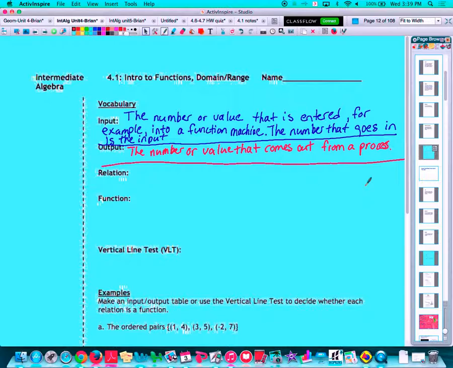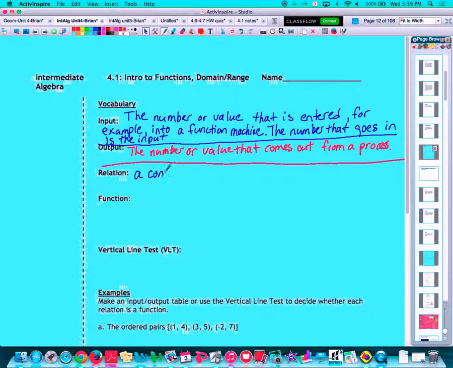All right, relation, that's a little bit shorter here. So relation. A relation or relationship is a connection between, for instance, two people, but a relation in math is a connection between a set of ordered pairs. In other words, an x and a y value.